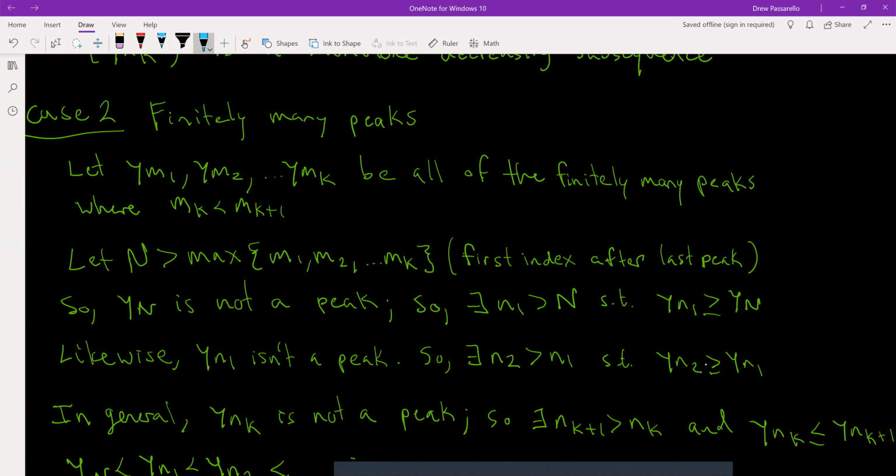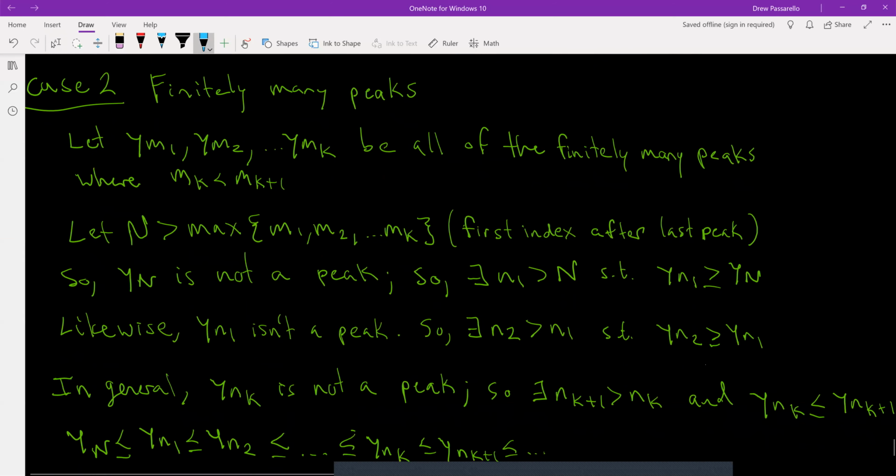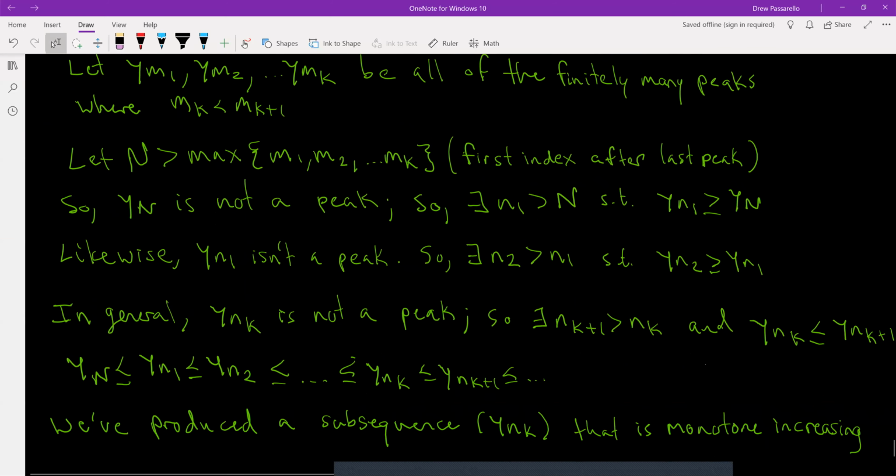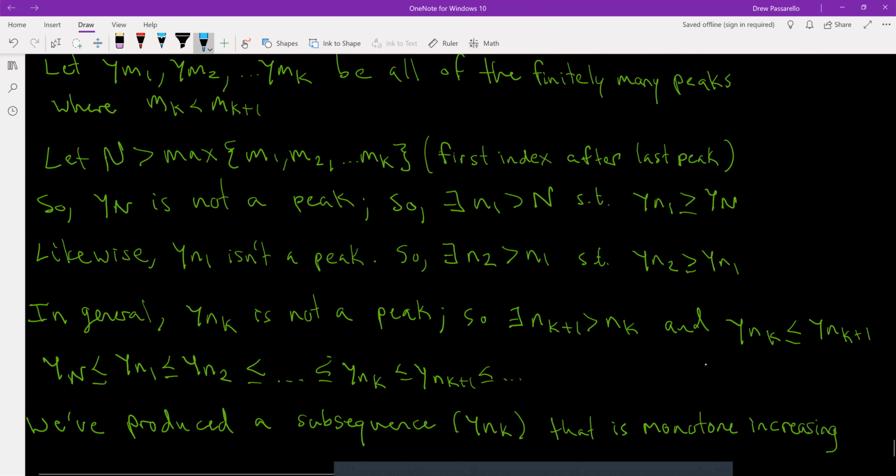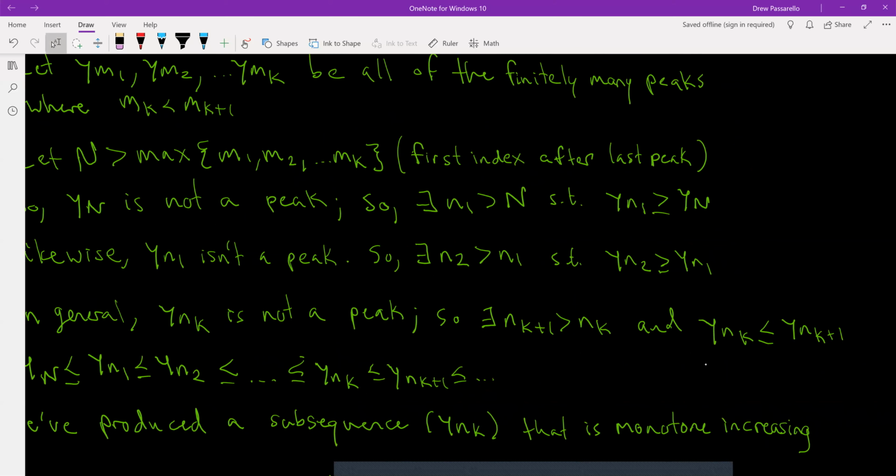And then also find n_2 bigger than n_1, such that y_{n_2} is bigger than or equal to y_{n_1}. And y_{n_2} is also not a peak. So in general, y_{n_k} is not a peak. So there exists an index n_{k+1} that's bigger than the index n_k, and y_{n_k} is less than or equal to y_{n_{k+1}}.